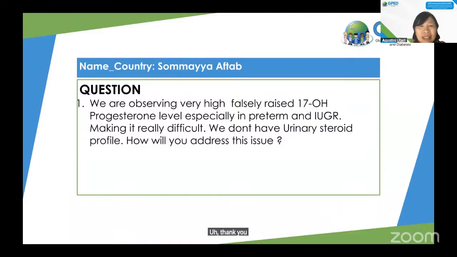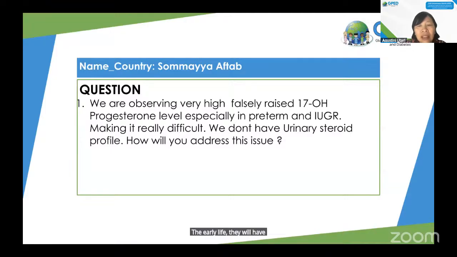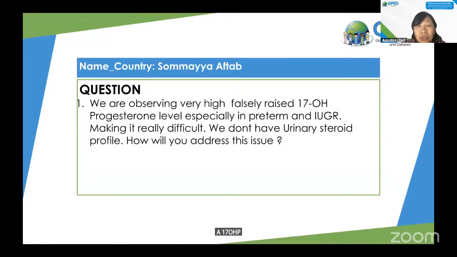Thank you very much, Celine, and thank you, Somaya, for your question. Usually in the preterm and IUGR, we can repeat the measurement, because in early life they will have a real increase of 17-OHP, and if we don't have a urinary steroid profile, we can repeat the measurement of 17-OHP after 2 weeks of age.